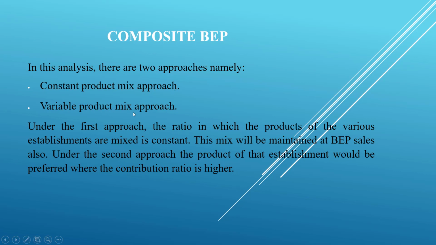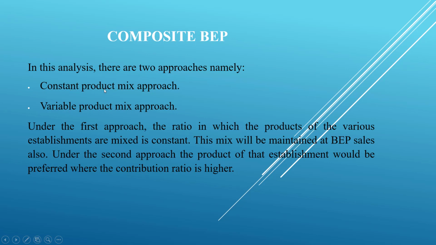But in variable product mix, we have to see how profit can be gained from the different products of different departments, and profit can be gained only with the help of contribution. Under this variable product mix approach, contribution plays a very important role. If the contribution is higher than the fixed expenses, then only can we go for this variable product mix approach.